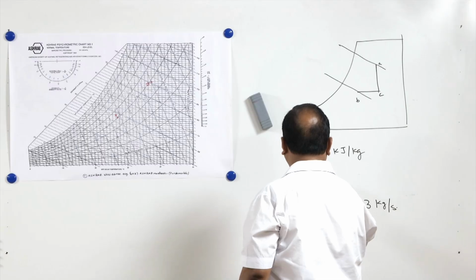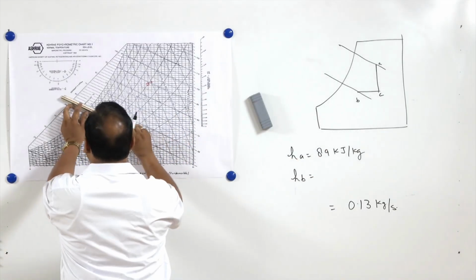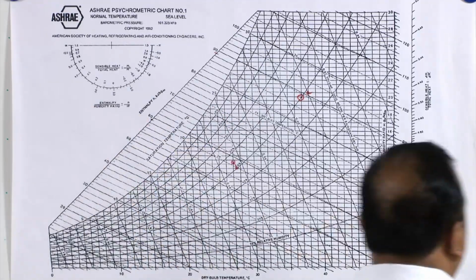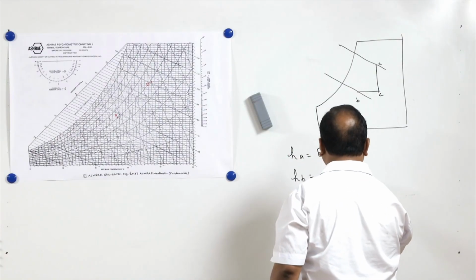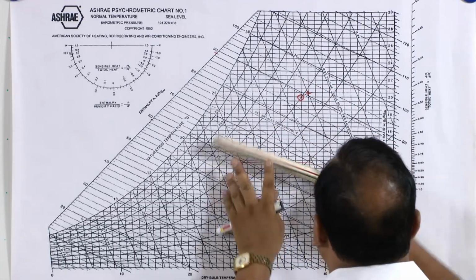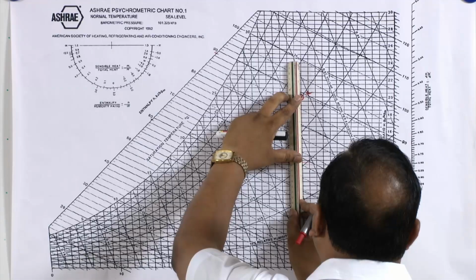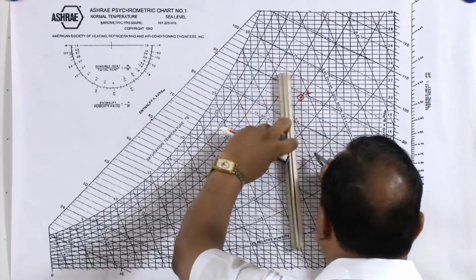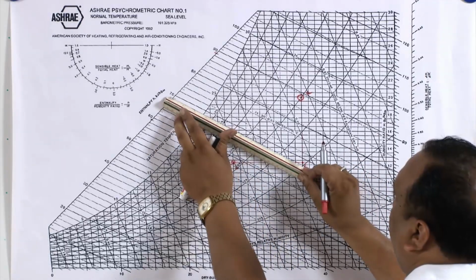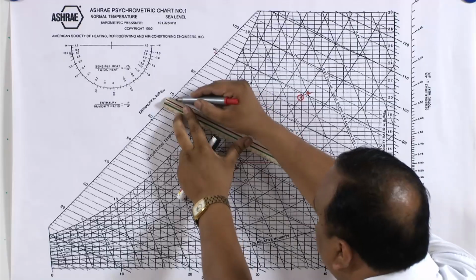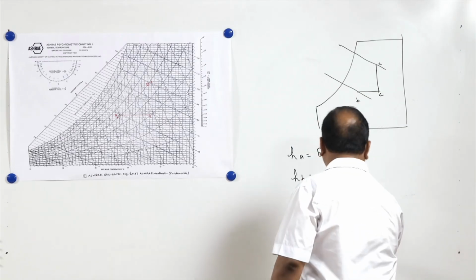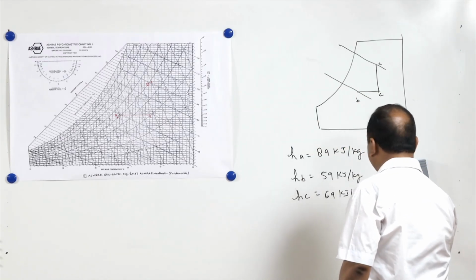HB is this one, 59 kilojoules per kg of air, and for HC first I will have to locate point C on this chart. This is point C, and at point C it is 69. So HC is 69 kilojoules per kg.